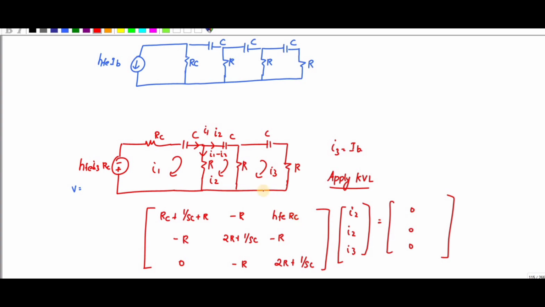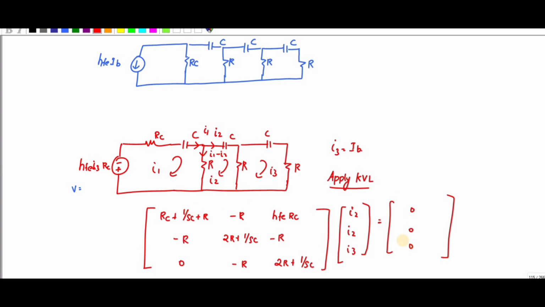Similarly for the second loop, you have 2R plus 1 by SC for I2, and this is minus R for I3 and minus R for I1. Similarly for the third loop, there is no I1. For I2, this is minus R, and for I3 it is 2R plus 1 divided by SC. So this is your matrix. I have written this in matrix form.